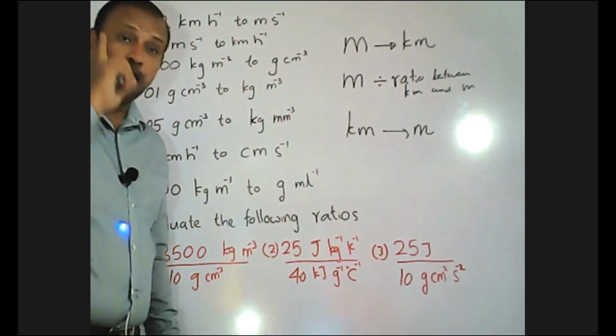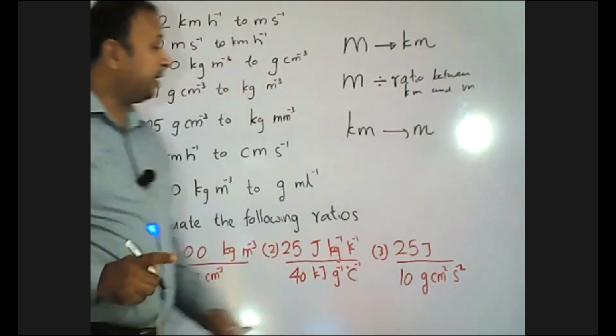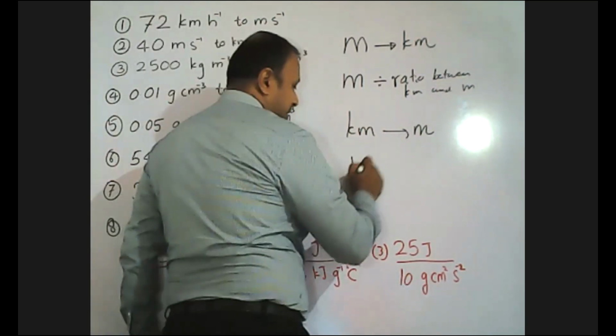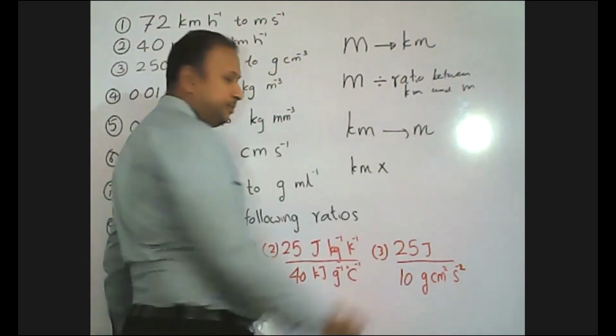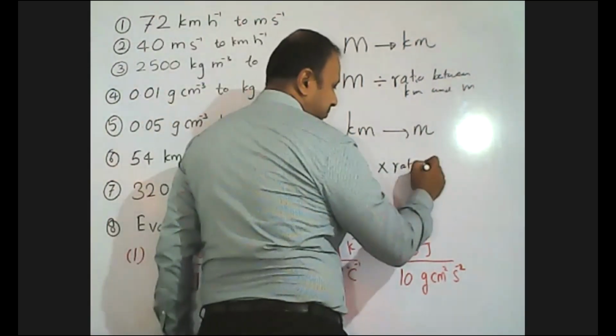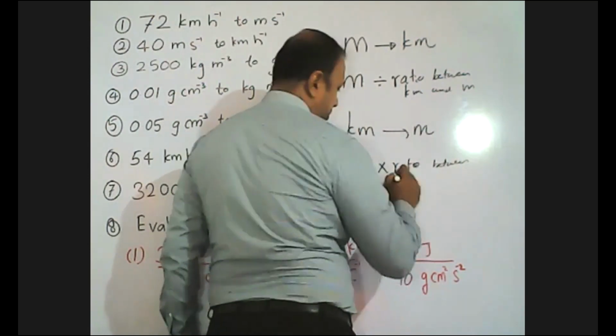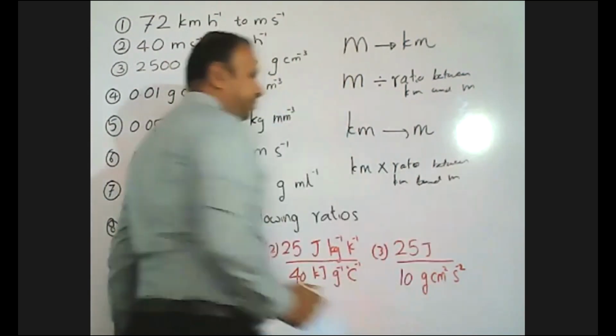Then you have to multiply this kilometer value by the ratio between kilometer and meter.